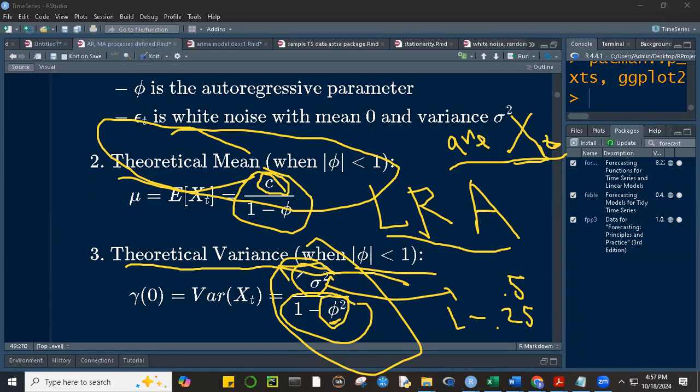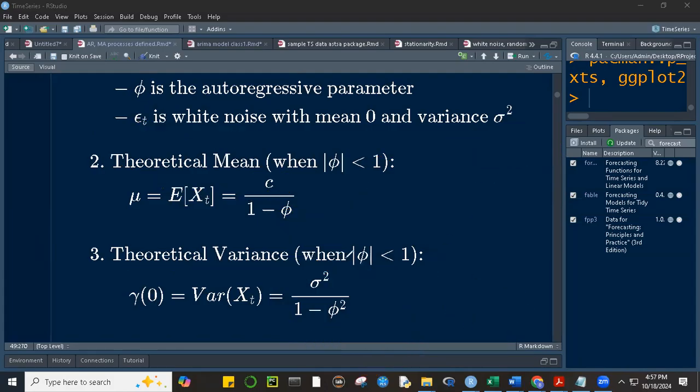Kasi pareho lang naman yung sigma squared. Okay? So therefore, your theoretical variance will be more or less greater than your empirical variance. Ibig sabihin, yung long-run fluctuation will oftentimes be bigger than your short-term fluctuation, which is the measure of your empirical variance, short-term.